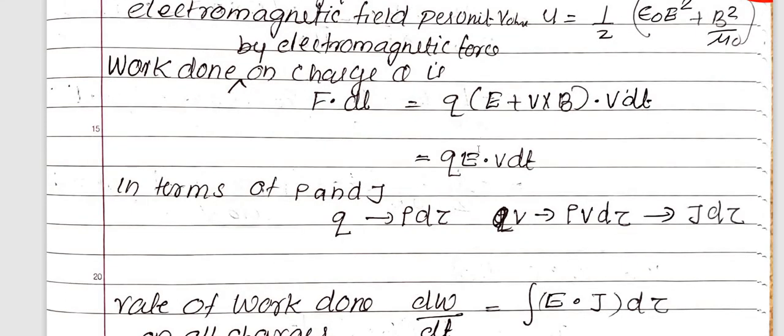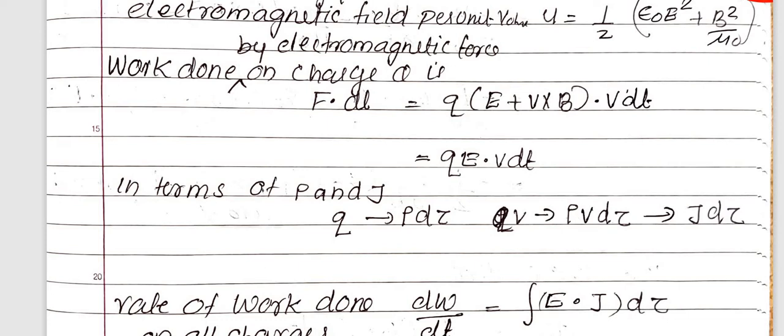Now we are going to rewrite this equation. We combine q v dt together and substitute it in terms of the current density J. In terms of rho and J, we know that Q equals rho d tau, charge density into d tau, gives the total charge. So q v is rho d tau times v.